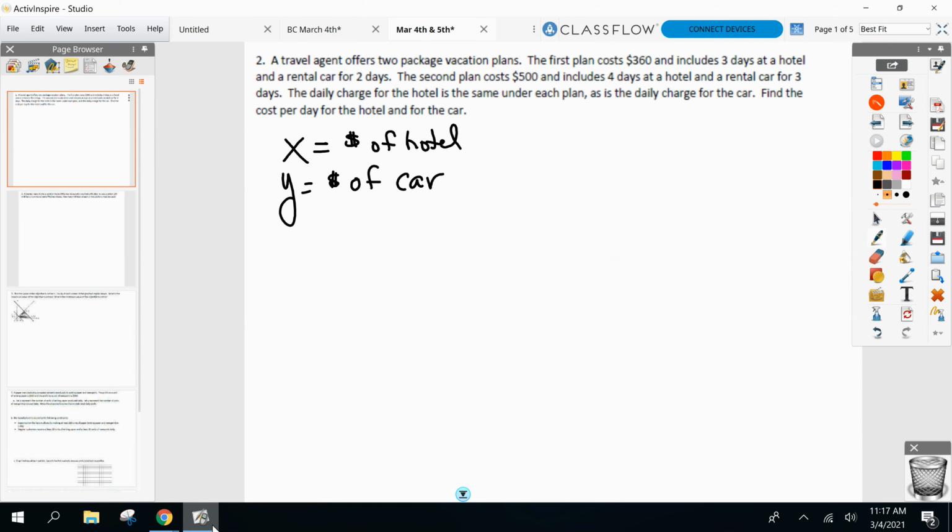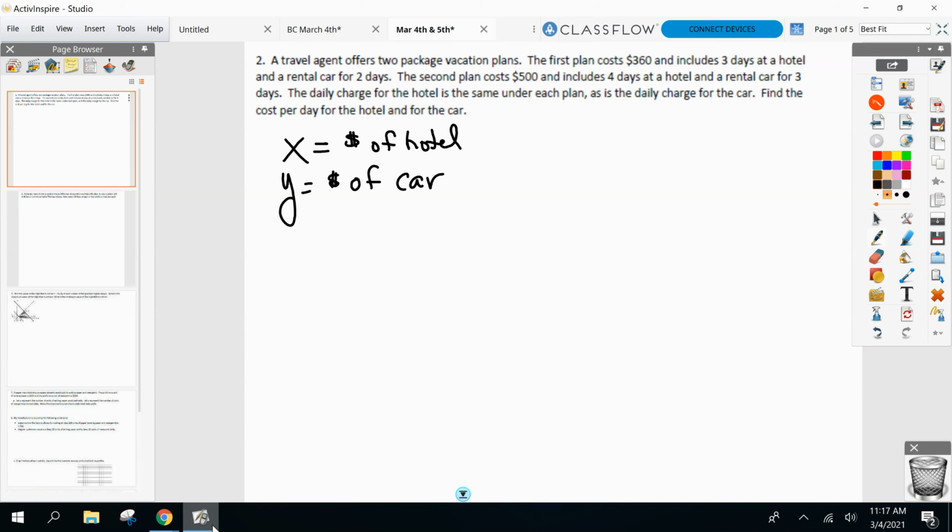All right, I'm asking for one equation here, brother, where it says the first plan costs $360 and includes 3 days at a hotel and a rental car for 2 days. X is hotel, Y is car. What do you got? 360x plus 500y equals something. Okay, hold on.